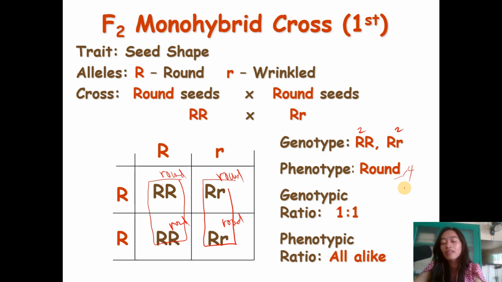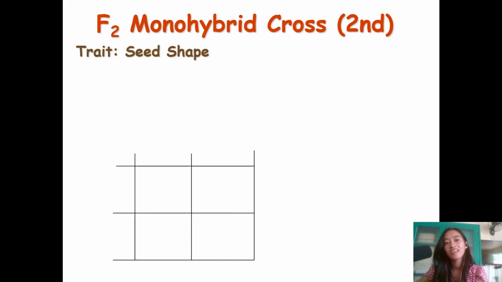Genotypic ratio, how are we going to write it? The first number stands for all big letters, so two; then the hybrid letters, two; then recessive, 0. You may write your answers this way, or in simplified, lowest terms. Then the phenotypic ratio: all would be round, four round to 0 wrinkled.